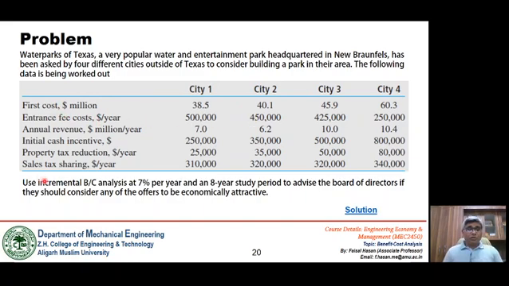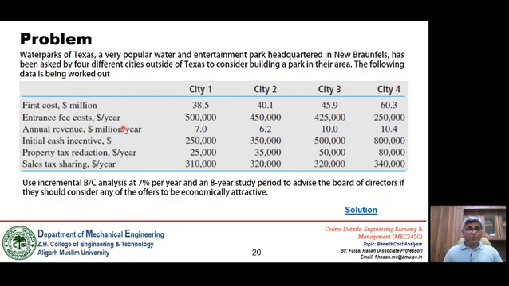Again, B by C analysis is to be used to find out which is the best city in which this project can be installed, and the interest rate is given as 7% per year and the study period is given as 8 years.